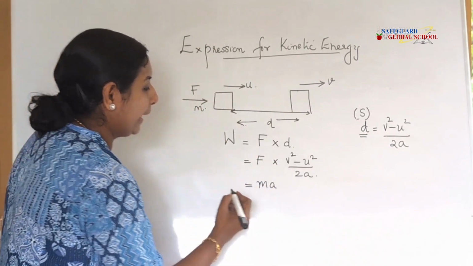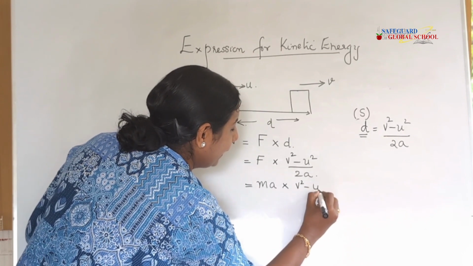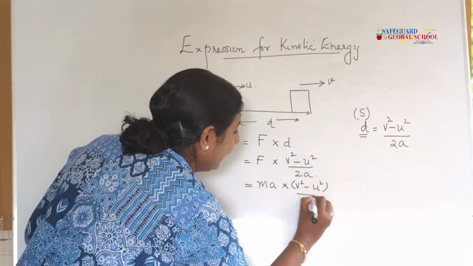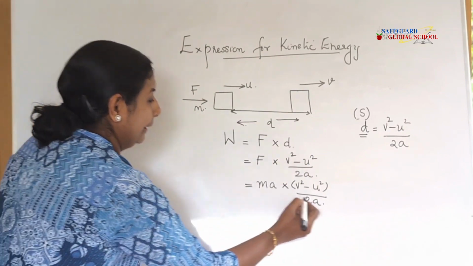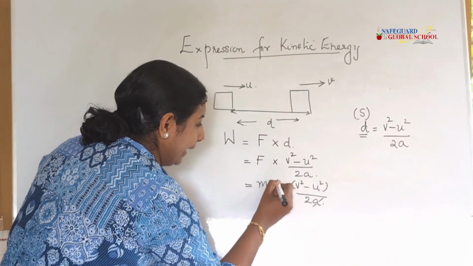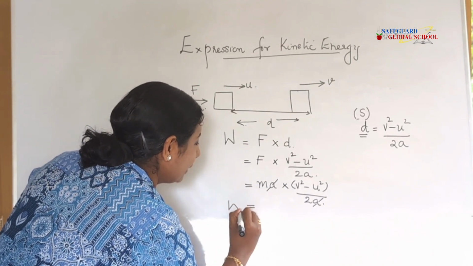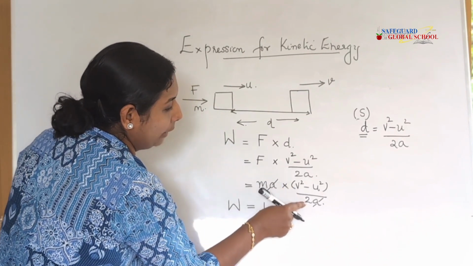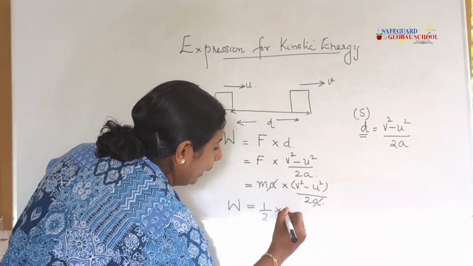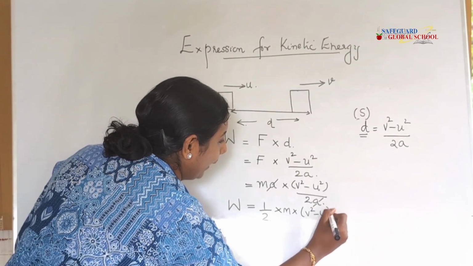So, m into a into (v square minus u square) by 2a. We can see that a and a get cancelled and we get a final relation for this work as half into m into (v square minus u square).